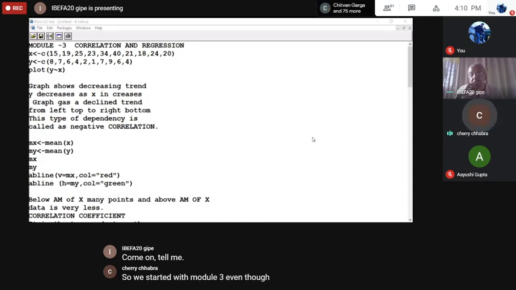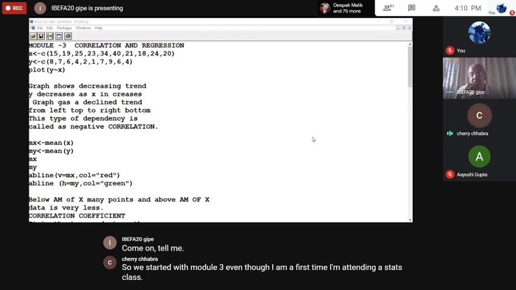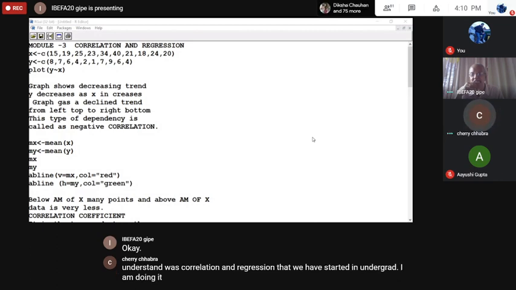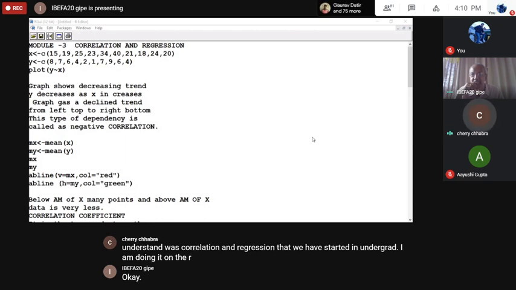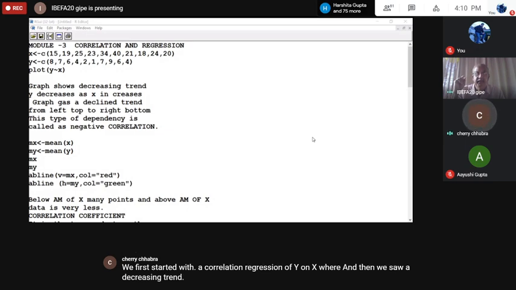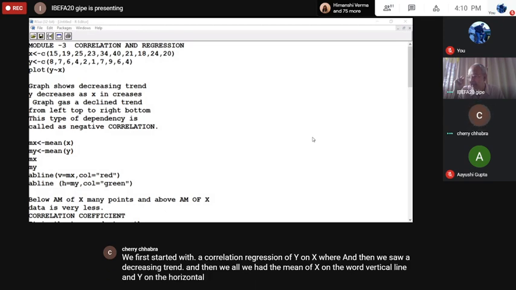Even though I'm attending a stats class for the first time, what I could understand was correlation and regression that we have studied in undergrad and doing it in R. We first started with correlation and regression of y on x, and then we saw a decreasing trend, and we had the mean of x on the vertical line and y on the horizontal line, just to see the discrepancies between them.